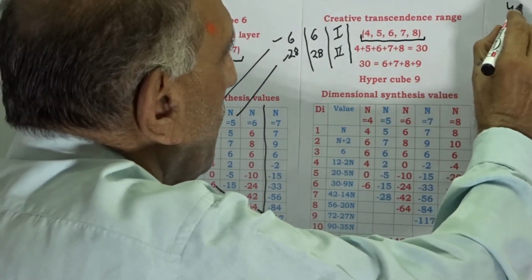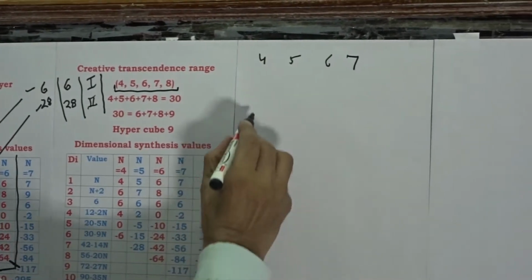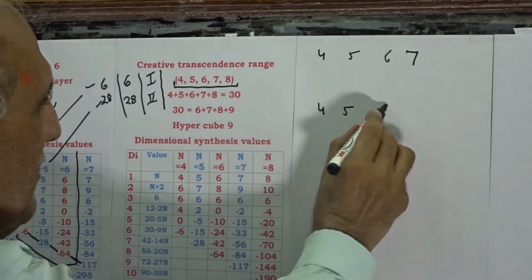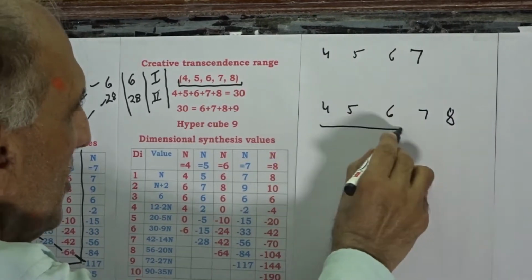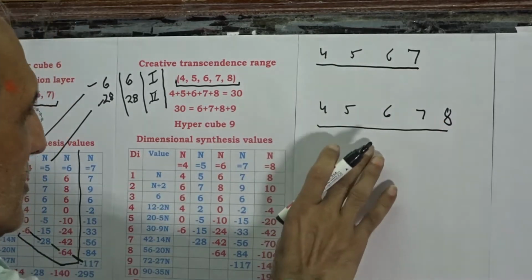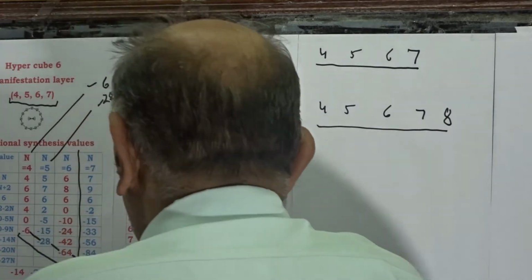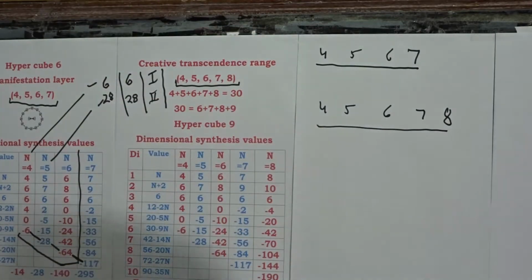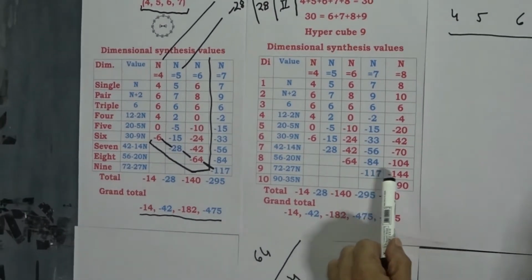Therefore, 4, 5, 6, 7 as a manifestation layer, 4, 5, 6, 7 and 8 as a transcendence range. We have to reach from this manifestation layer to this transcendence range. For it, we have to draw this table of n is equal to 4, 5, 6, 7 and 8.